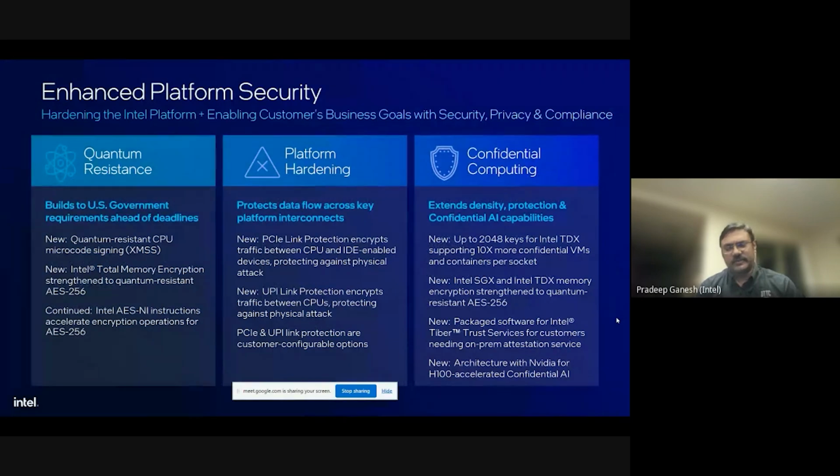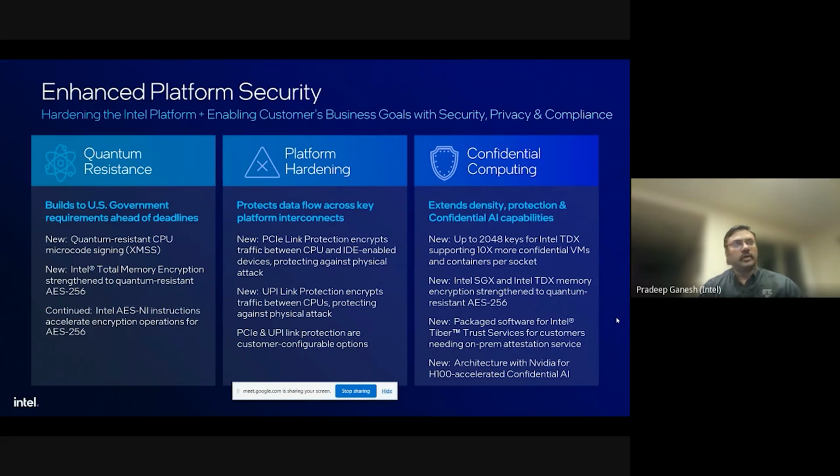What else is new and what else is the capability of Xeon 6? Xeon 6 has been built with PQC in mind. There's a future of post-quantum crypto, and we have built the platform such that all the microcode signing is quantum resistant by using XMSS.